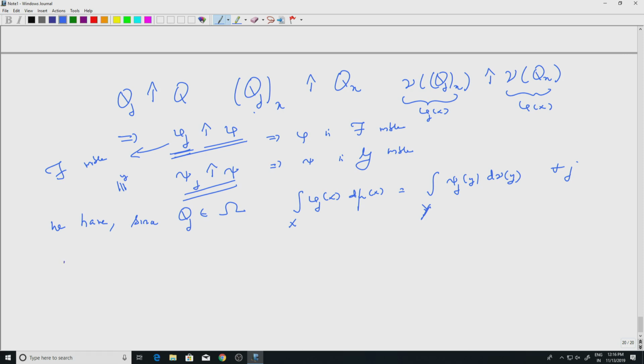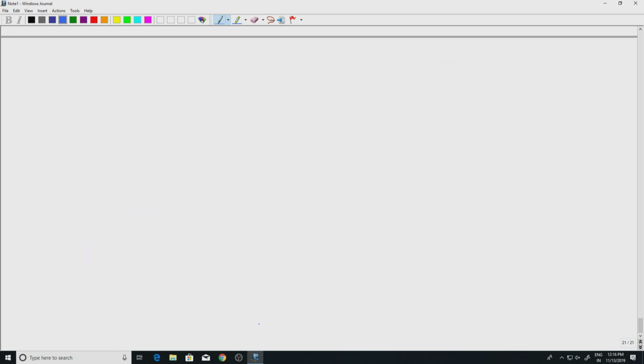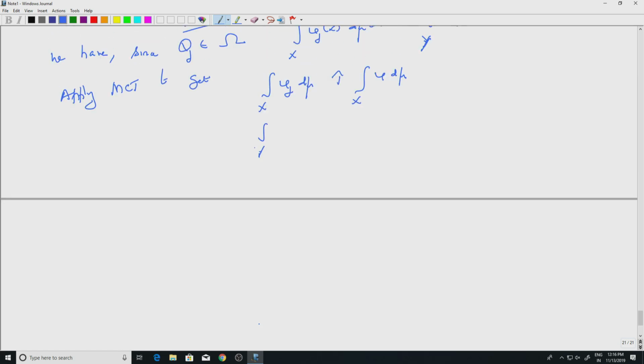So, you apply monotone convergence theorem, to get integral over x phi j d mu, I know that will increase to integral over x phi d mu, and integral over y psi j d nu, because we are on the other space, will of course increase to integral over y psi d nu by monotone convergence theorem.